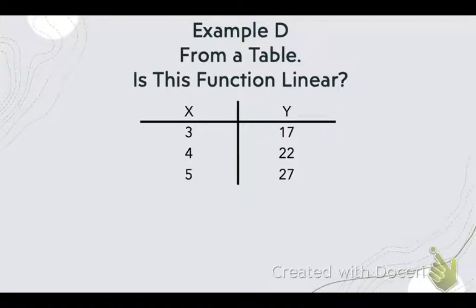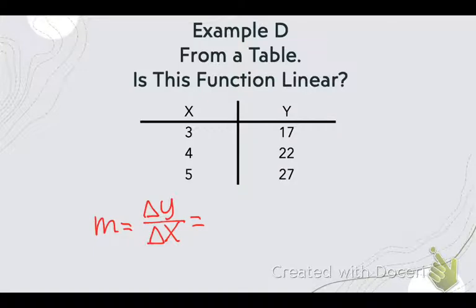The first thing I'm writing down is that I need to find my slope. I get it by putting numbers into this ratio of change in y over change in x. So I have to find my change in y. I'm going to go over to the right side of the table.